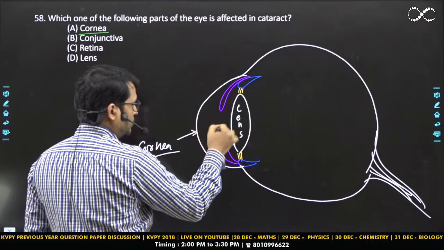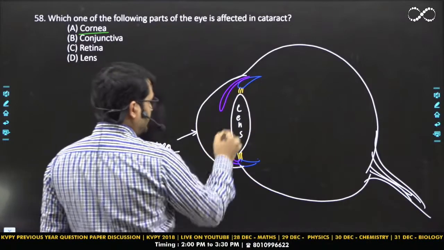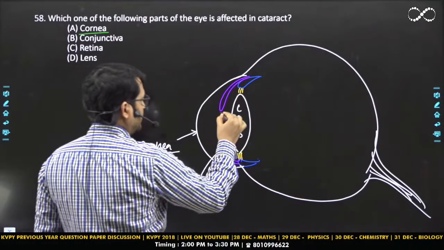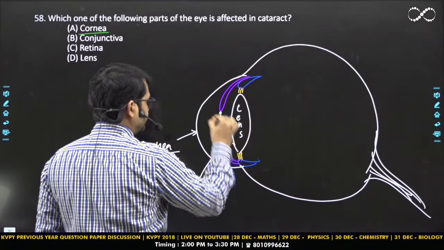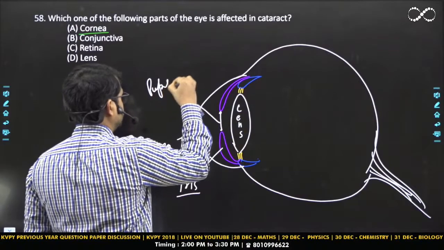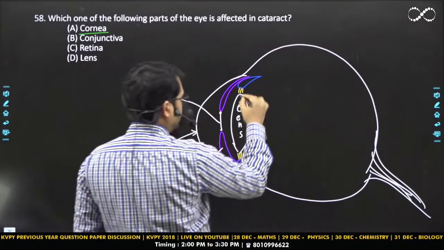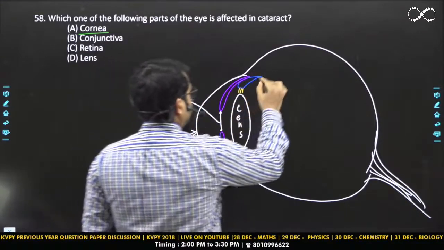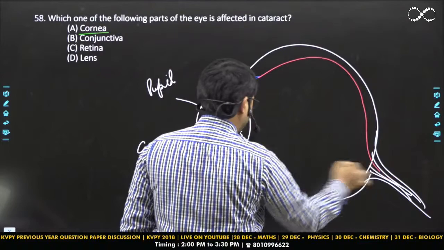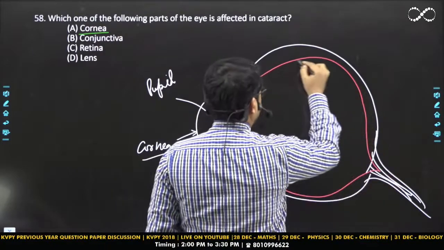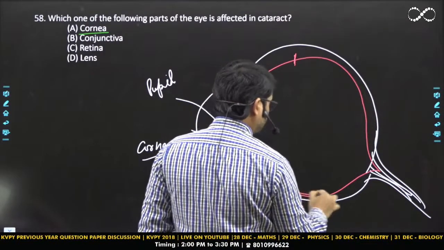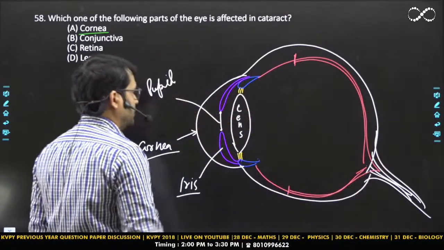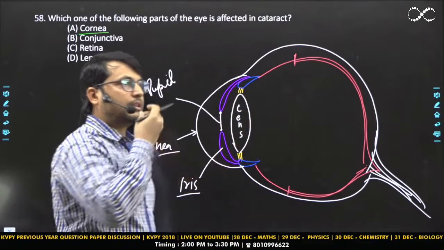Here there is a fluid called aqueous humor. This is the iris. This is known as the pupil. This is the lens, ciliary muscle, ciliary body. And then from this layer to this layer, there is the retina. So the lens appears cloudy.